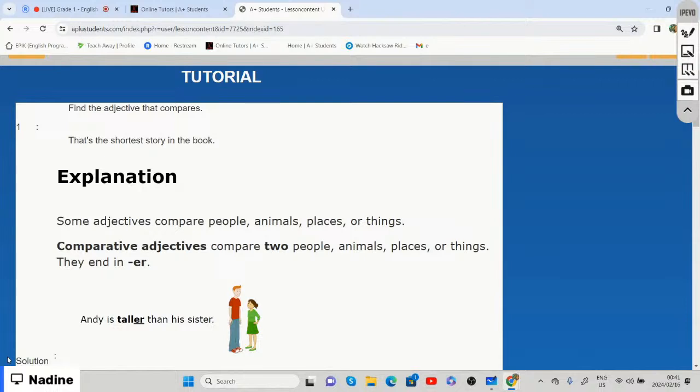And comparative adjectives is when you're comparing yourself to something else. It's like two people that you're comparing.